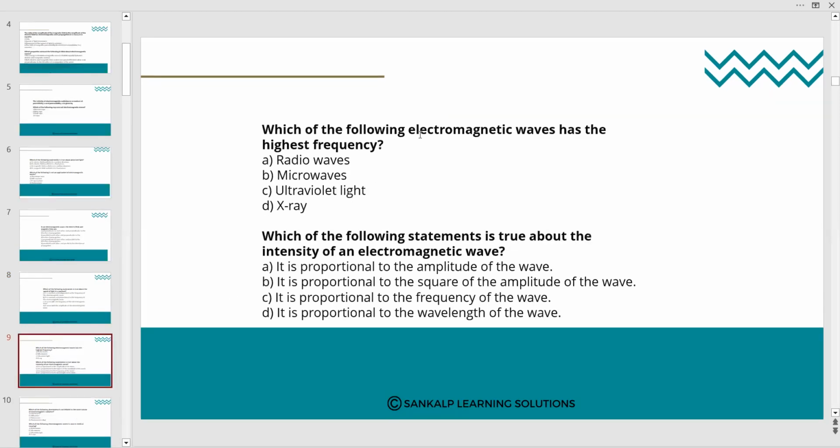Then the next question, which of the following electromagnetic waves has the highest frequency? Options: radio waves, microwaves, ultraviolet, and the X-rays.